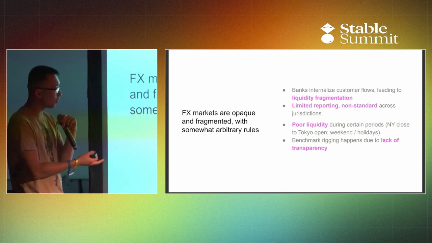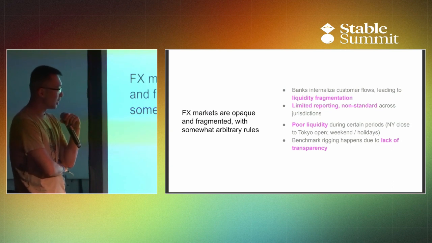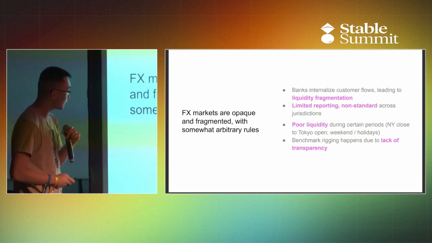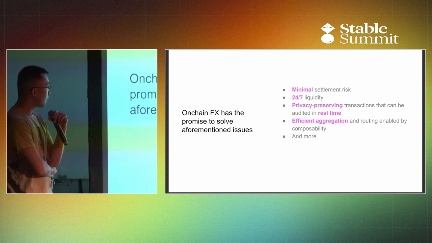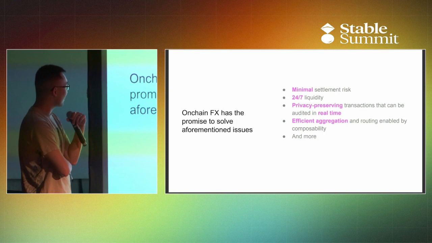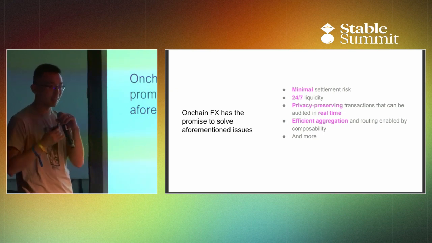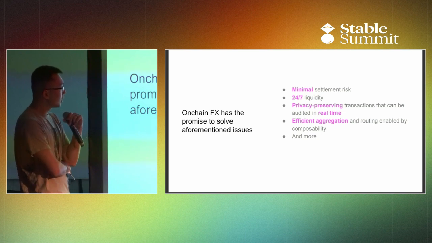And finally, you have all these benchmark rigging scandals happening because of this lack of transparency. So this is kind of a shill talk, saying that on-chain FX has the promise to solve this, but we're still lacking a lot of the infrastructure required.